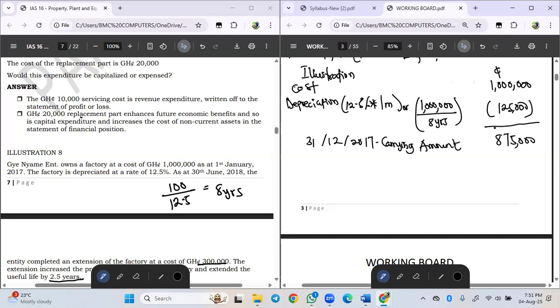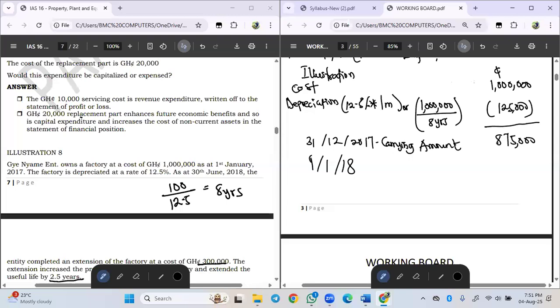Okay. Now, the extension of the factory at a cost of 300,000 happened on the 30th of June. But the carrying amount we are having here is as at 31st December 2017. We know that the closing balance of 2017 becomes the opening balance of 2018. So this 875 can also be considered as the opening balance for 2018, the carrying amount for 1st January 2018.